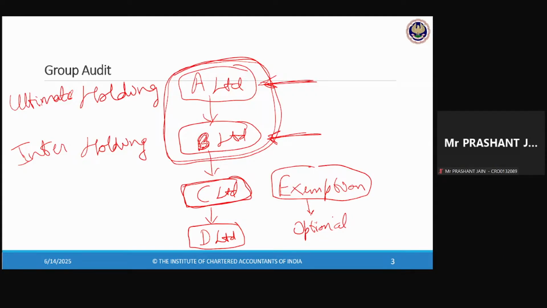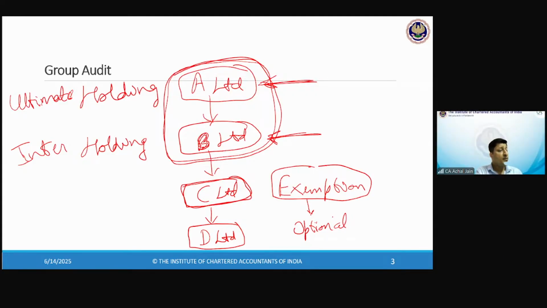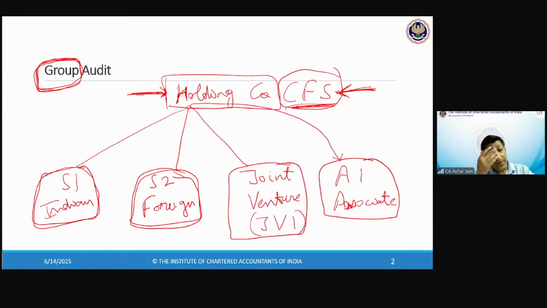Okay, very good. Now, there's one more sort of exception which is available to the investment entity. So we'll talk about investment entity slightly later with the help of an example also. Now, let's try to come back to the role of the auditor. So far, some of these things that we have discussed were all about the management.